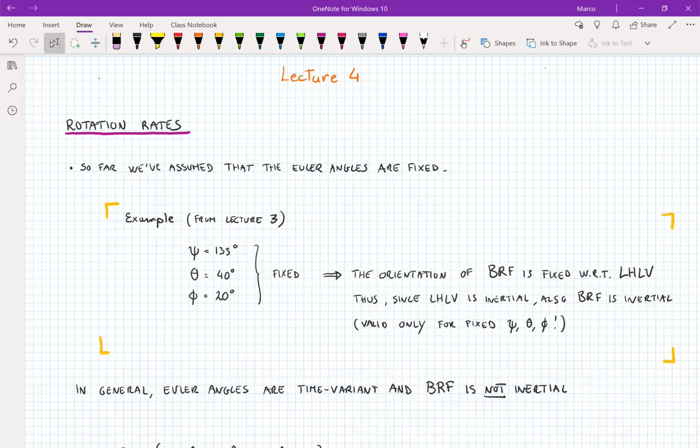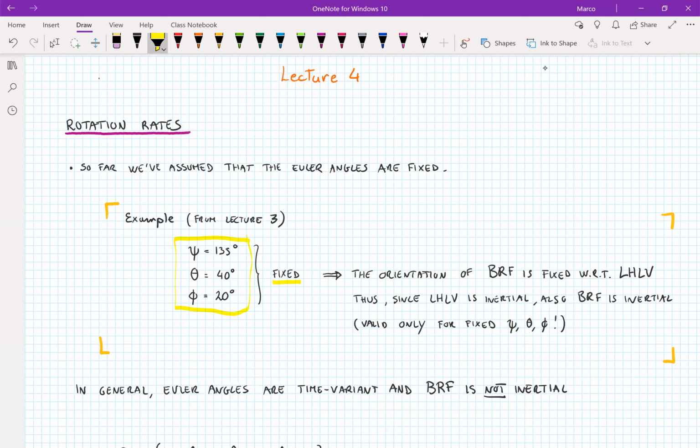And in the example that we saw in the previous lecture, we assumed that such angles were constant. So the orientation of the body frame with respect to the inertial frame is fixed.